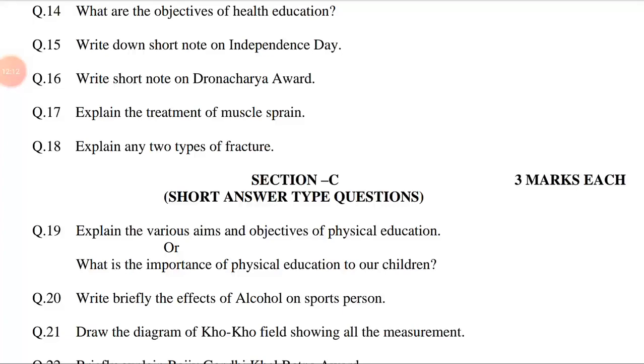The answer may be: knowledge of health education assumes great importance in India, where most of the people are ignorant about the basics. Everyone knows the proverb: health is wealth. Health is the wealth of an individual, society, and nation.